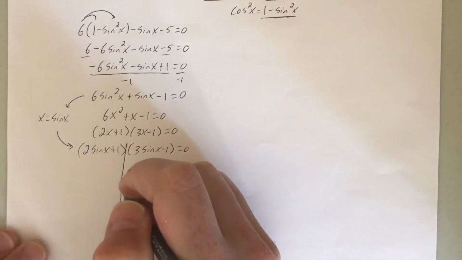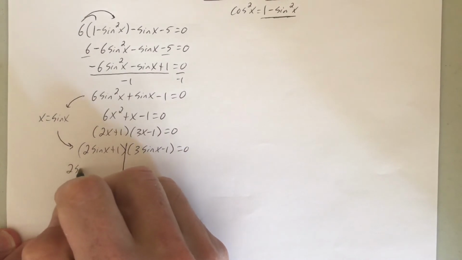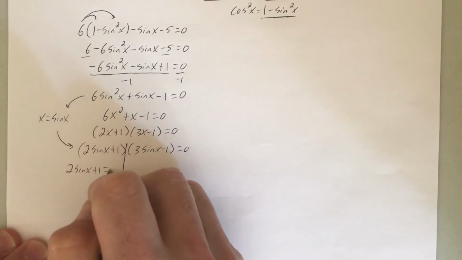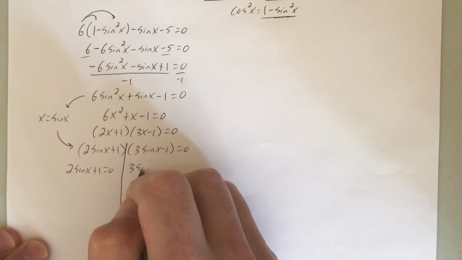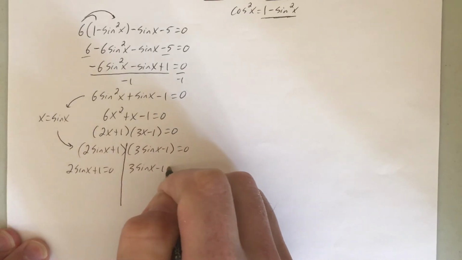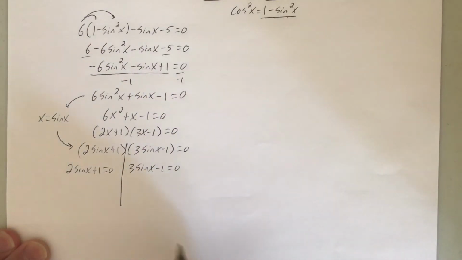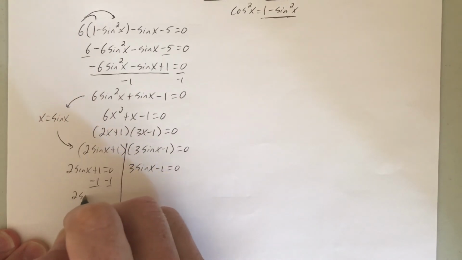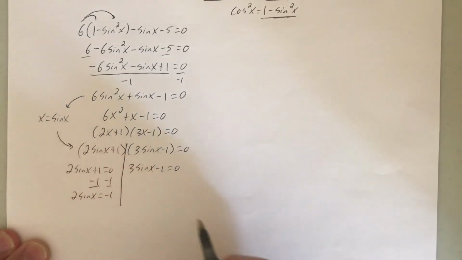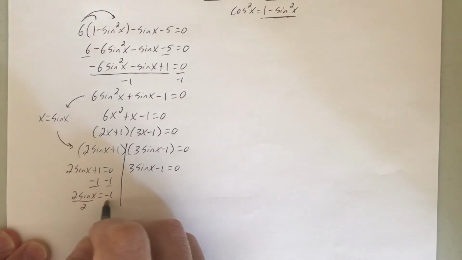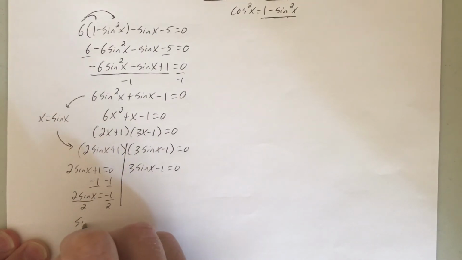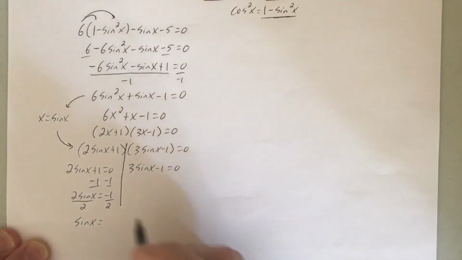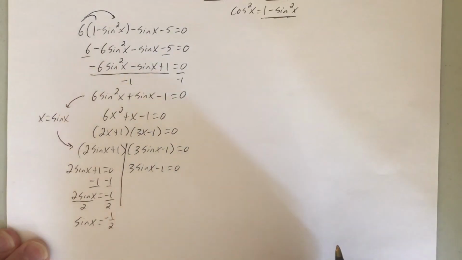So if I do that, I have 2 sine x plus 1 is equal to 0, and 3 sine x minus 1 is equal to 0. So here, subtract 1. So 2 sine x is equal to -1. Divide by 2. So sine x is equal to -1/2.